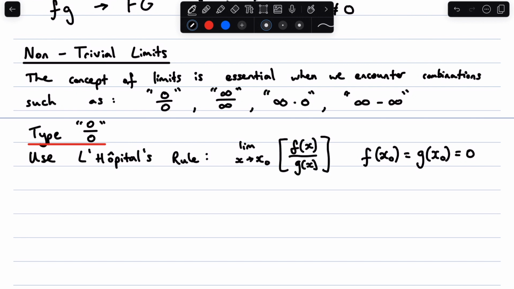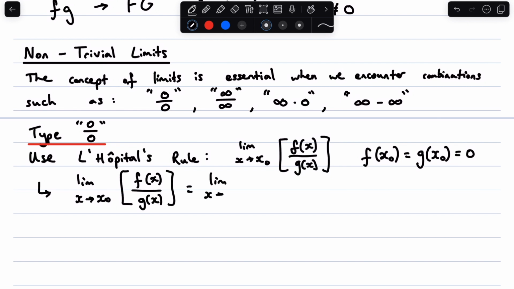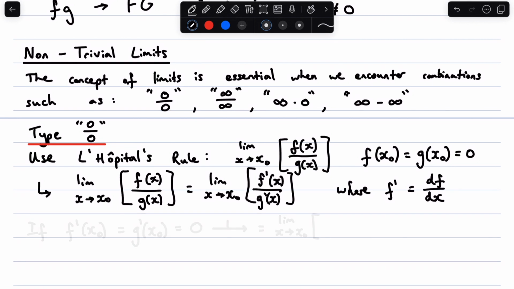So the rule is that limit as x tends to x0 of f of x divided by g of x equals the limit as x tends to x0 of f prime of x divided by g prime of x, where f prime equals df by dx. So that's what the prime represents.